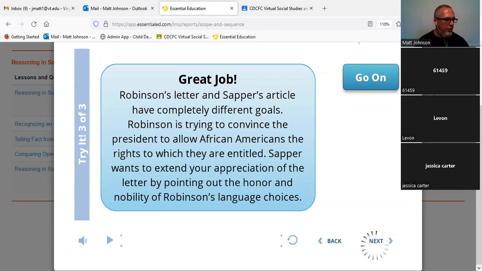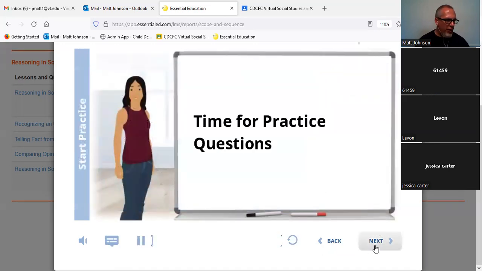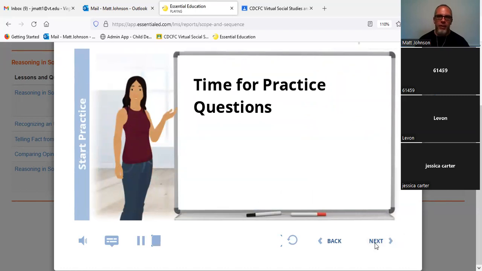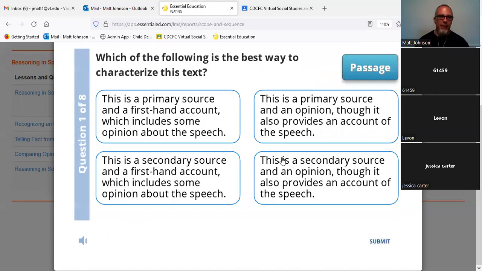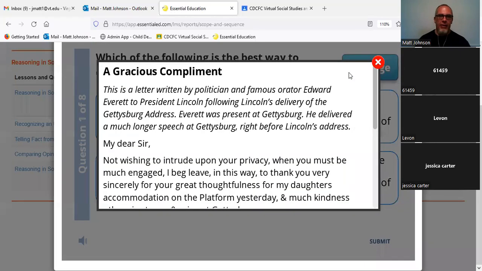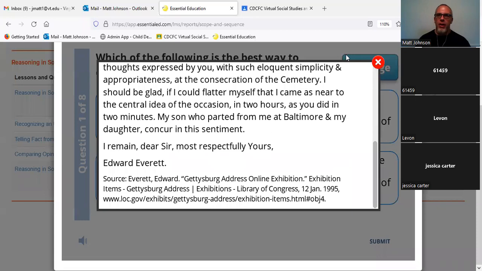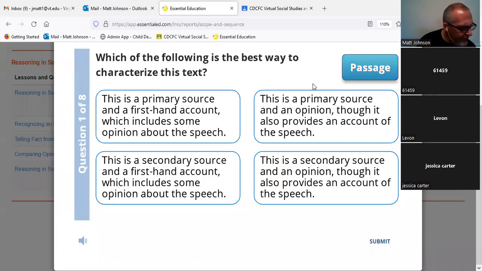And now we have our 8 questions. Very good work on those excerpts. So let's take about 15 minutes because there's several passages here. I believe there are things that we have already encountered. No, this is new. No, this is all about the Gettysburg Address, basically. So there's going to be 2 accounts.